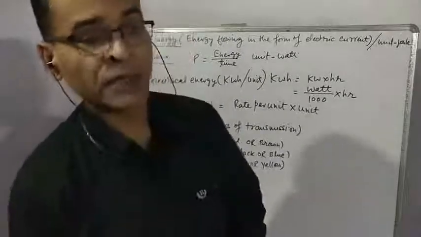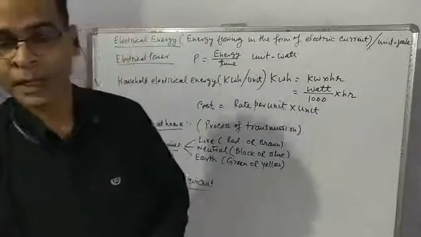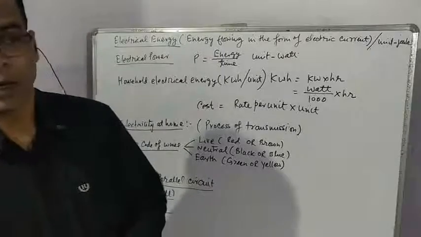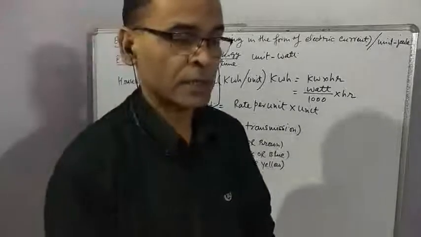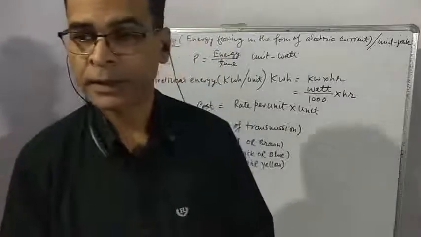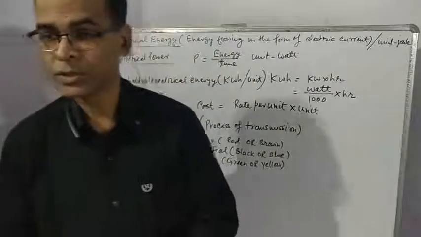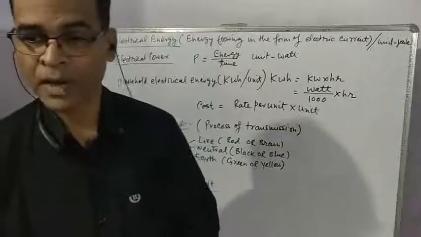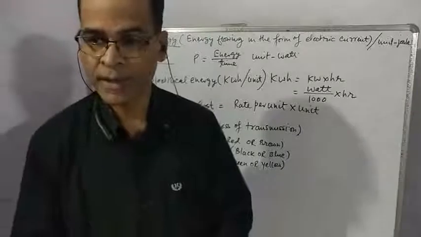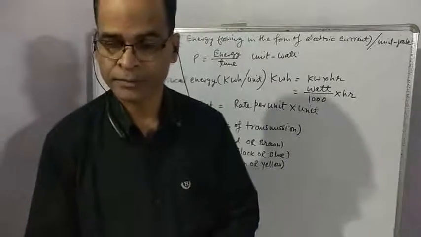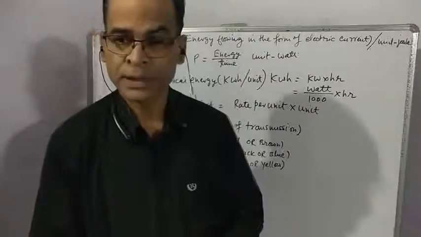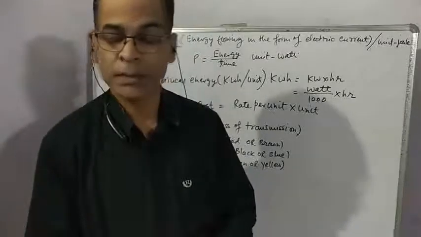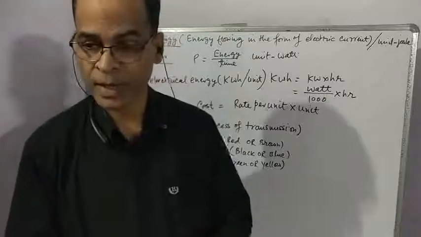We use different wires for transmission of electrical energy or connecting your devices to an electric source. There are 3 wires used. These wires are called live wire, neutral wire and earth wire. The main role is played by the live wire and neutral wire.